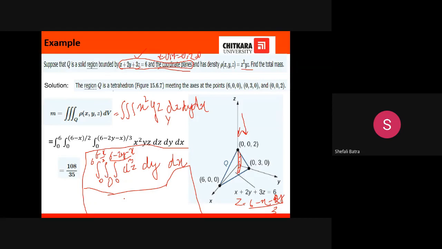Everyone write: find the volume of a solid bounded by x upon a plus y upon b plus z upon c is equal to 1 and the coordinate planes. Again, I'm repeating, find the volume of a solid bounded by x upon a plus y upon b plus z upon c is equal to 1 and the coordinate planes.